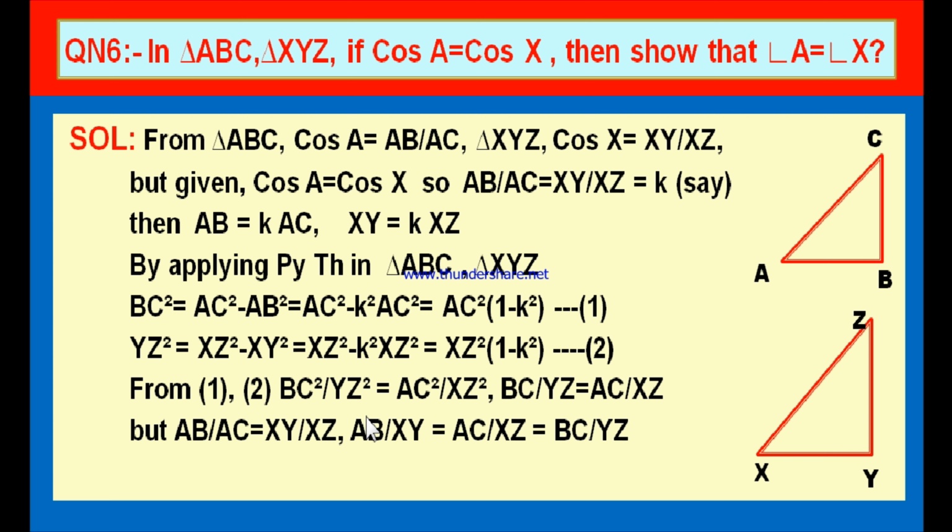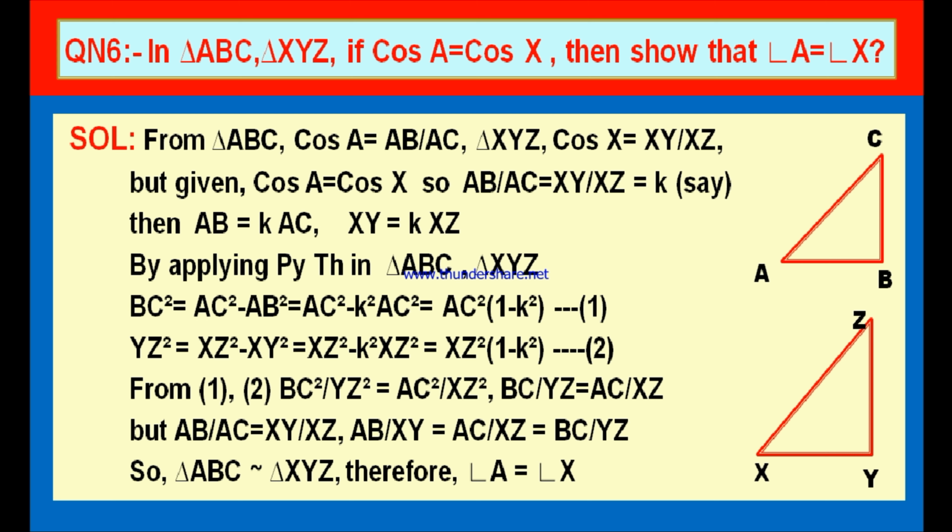That is, the three sides of the first triangle are in the same ratio as the three sides of the second triangle. The ratio between the corresponding sides of the two triangles is equal. Since all three sides of the first triangle are in the same ratio to the second triangle, you can say that both the triangles are similar, isn't it? Therefore, triangle ABC is similar to triangle XYZ.